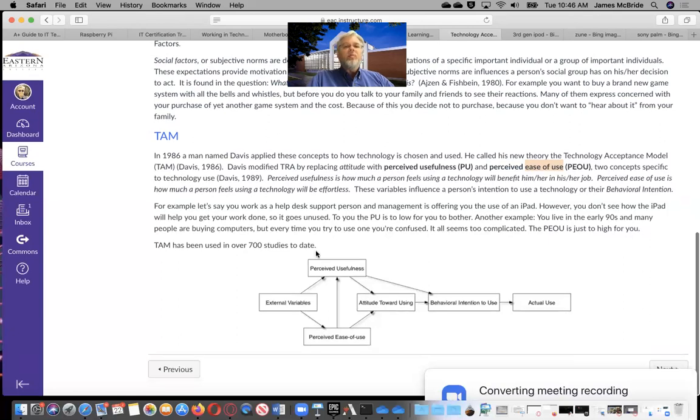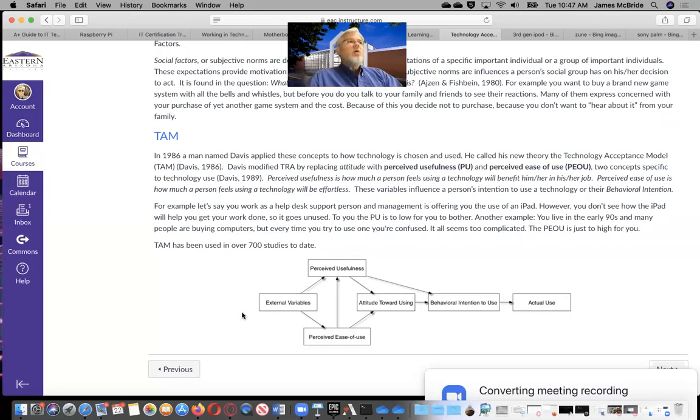So TAM's been used in a lot of different studies, probably much more than 700 by now. Those studies are basically designed to just ask employees questions. For instance, take that tablet situation: if we were going to switch over and say, we'll give you a desktop PC or we'll give you an iPad, those are two different things, right? Windows and iPads, that's different.